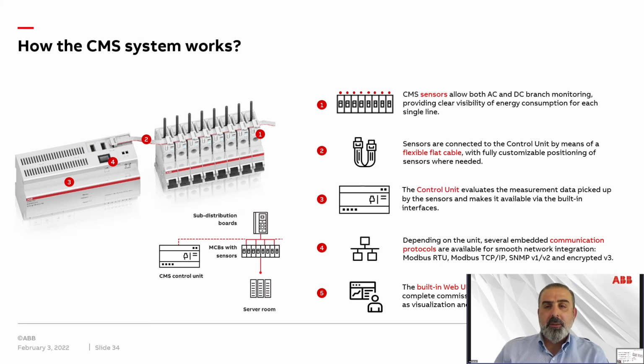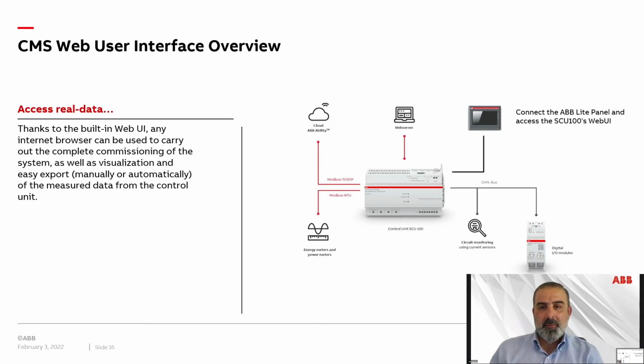In this case, you will be able to convert site data directly to the system itself, and it can be propagated along with all the data in real time. And finally, with a built-in web server interface, a connection can be established with your RPP to commission, visualize, and export all the data in the system.